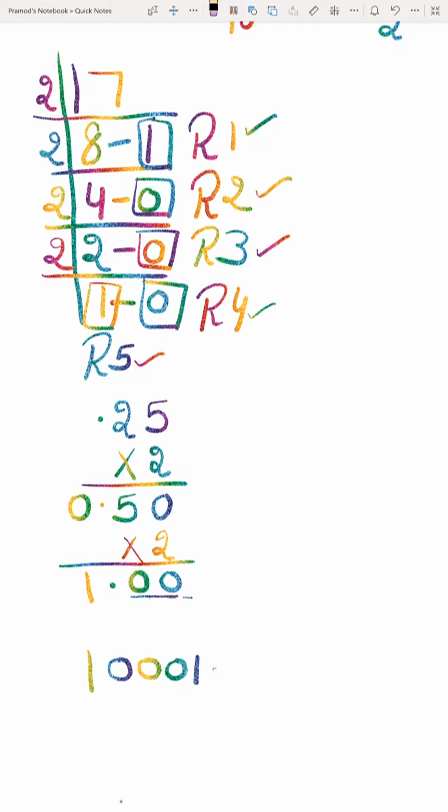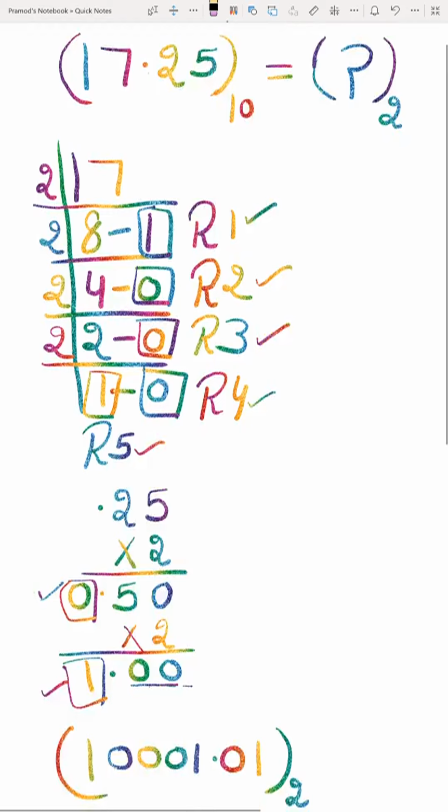After that you write the decimal point here, and now you start from above. In the previous method the answer was written from bottom to top. Here you write your answer top to bottom. First you write down your 0, and after that you write this one here, and this is your binary number.